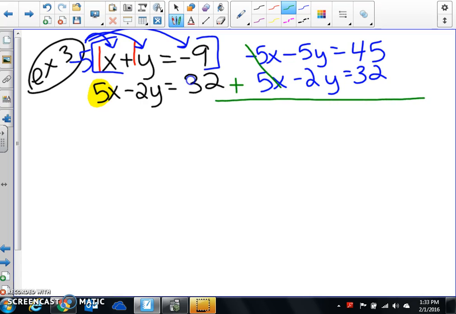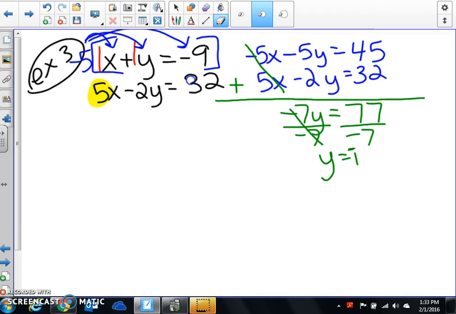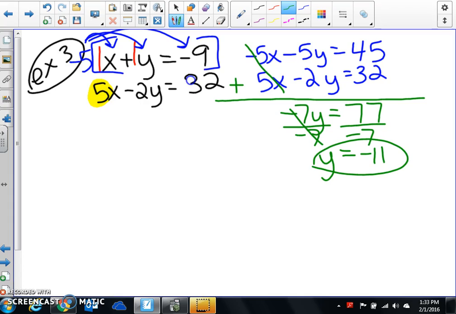Negative 5 plus 5 cancels. Negative 5 minus 2 is negative 7y. And then 45 plus 32 is 77. Now I divide both sides by negative 7. Y is equal to negative 11.